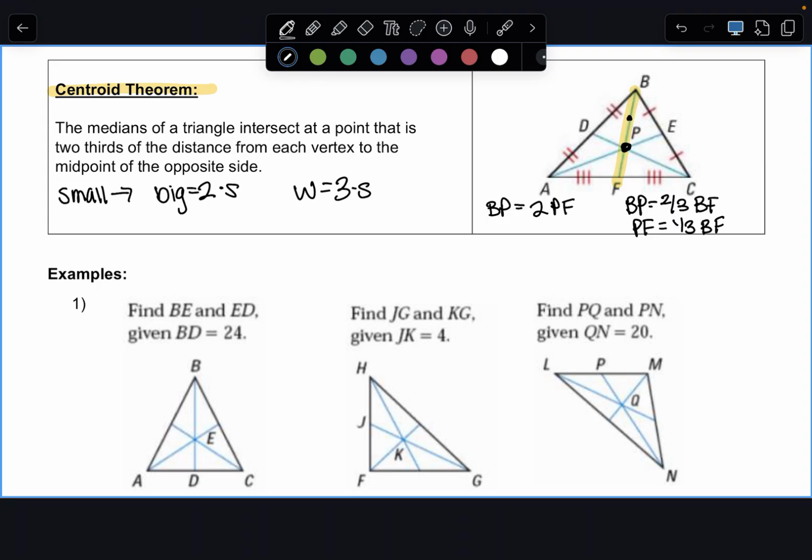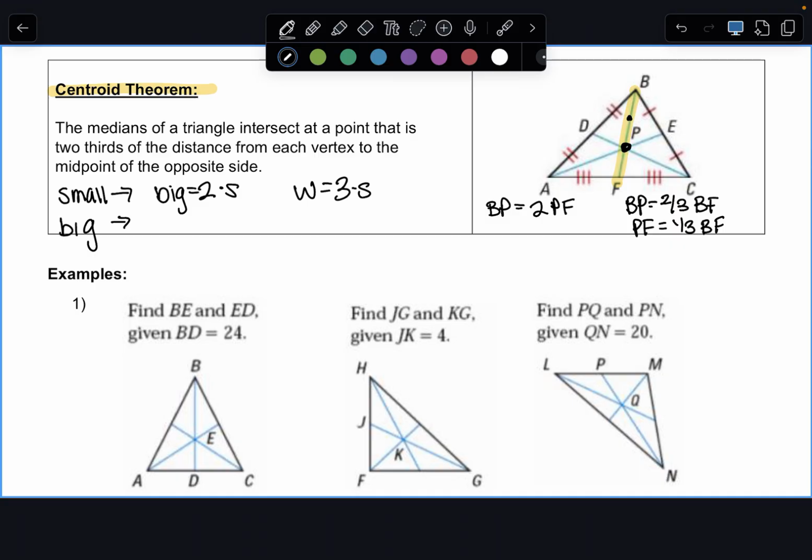If you're given the big piece, well, how do I get from big to small? What do we think? The big was 2 times the small, so how do I go the opposite direction? If the big one's 10, what's the small one? 2 times what gets you 10? 5.